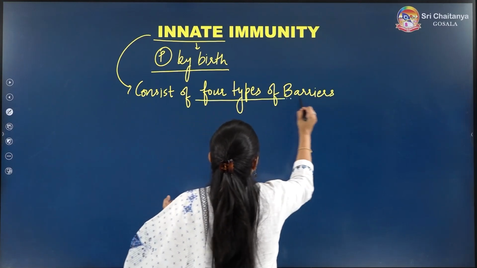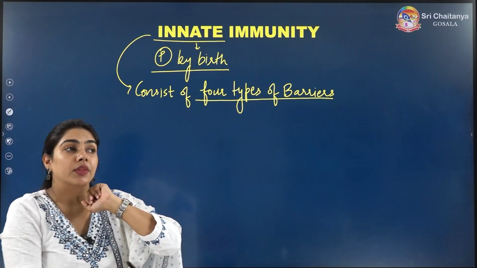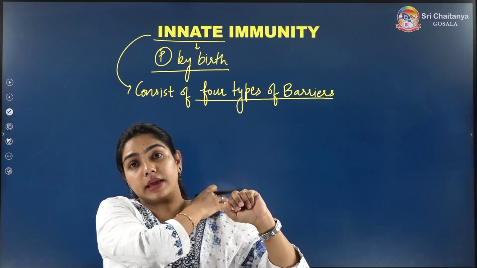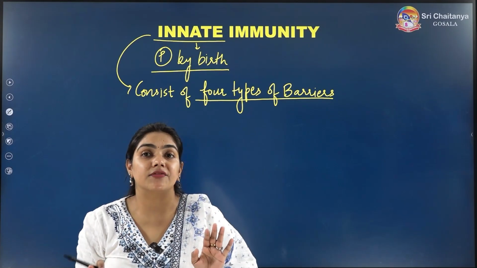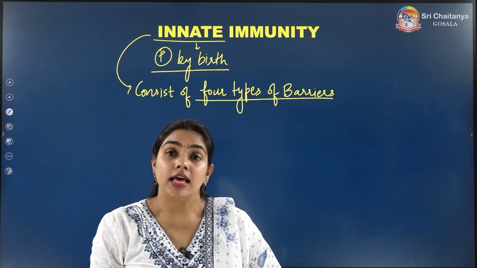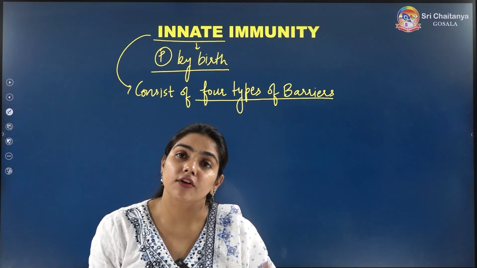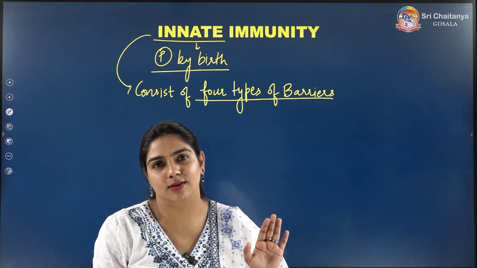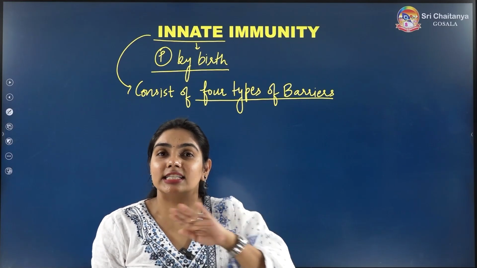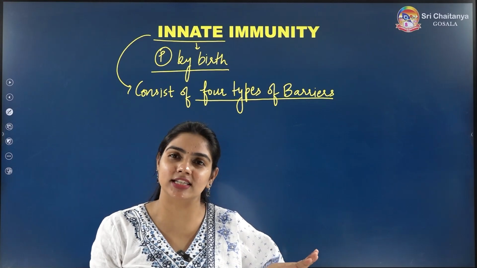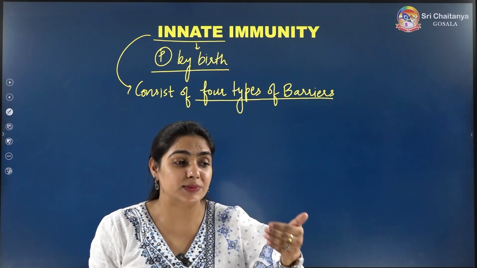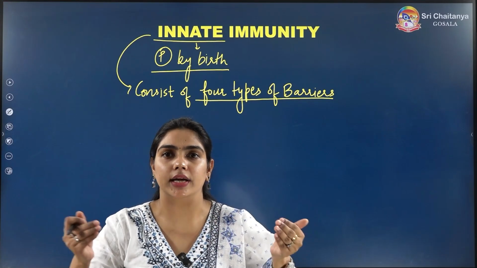Okay, so I will discuss these four types of barriers, and all these four types of barriers are not specific for any pathogen. They work the same way for all the pathogens. For example, I teach the same way to all my students. So I am not getting specific for any student.